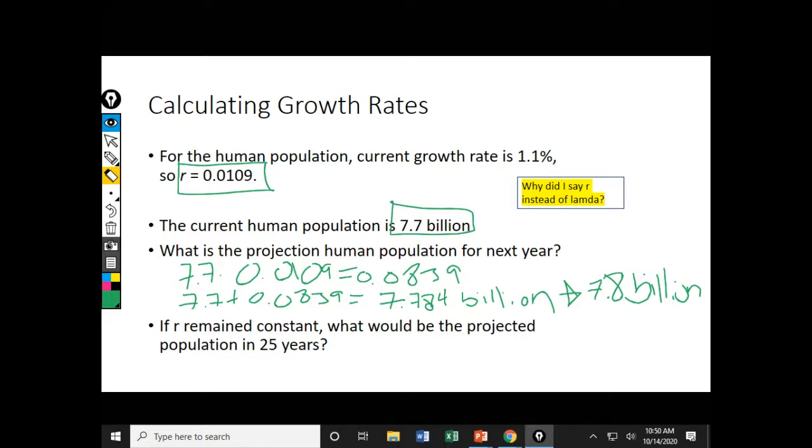I just didn't deal with the billion at all because I didn't want to. It's just as easy to look at 7.784 as moving all that other business around. Everybody see that?